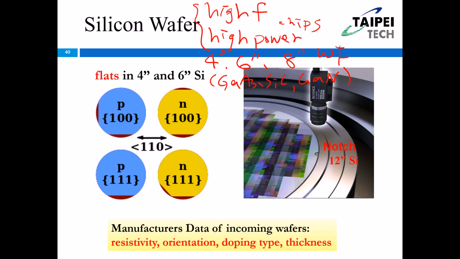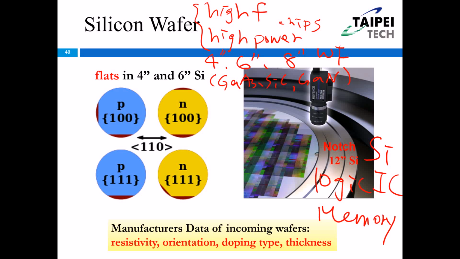For your reference. But right now, when we mention the logic IC and the memory IC, of course, we mentioned our semiconductor material will be silicon wafer, okay?